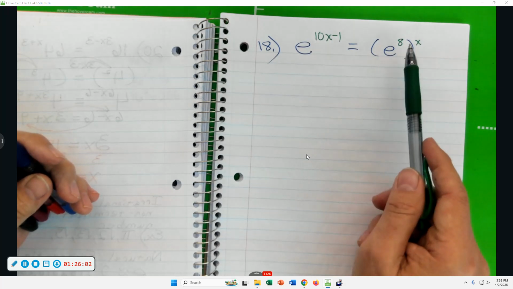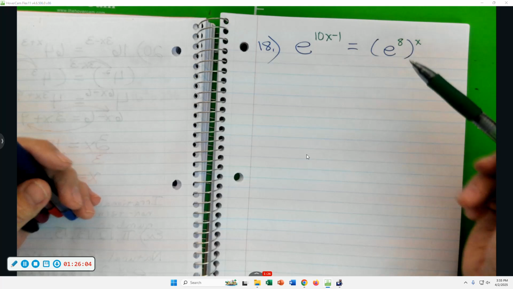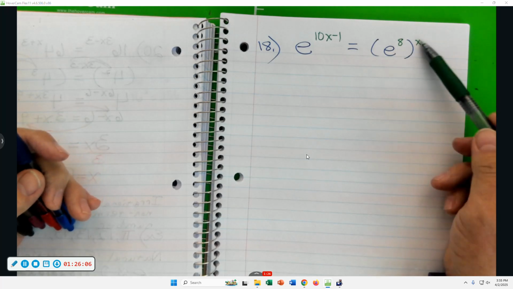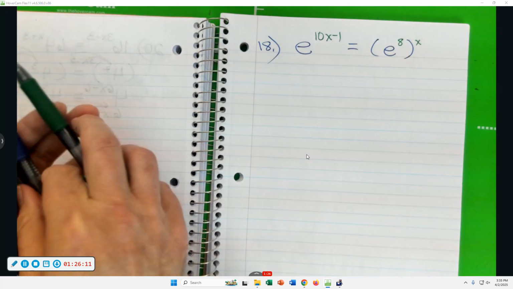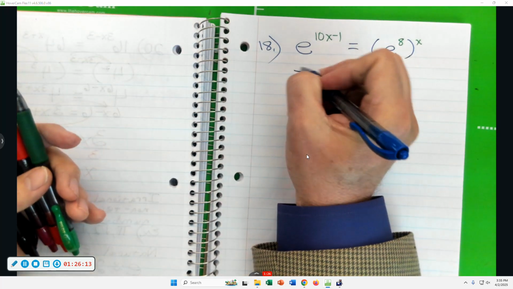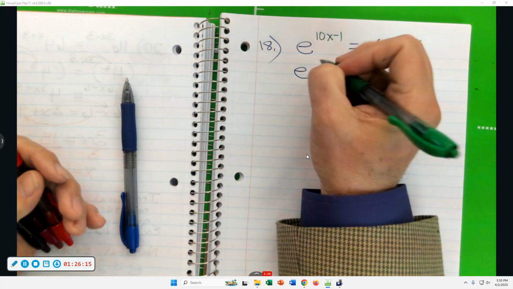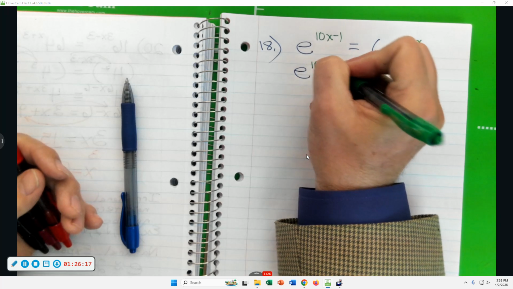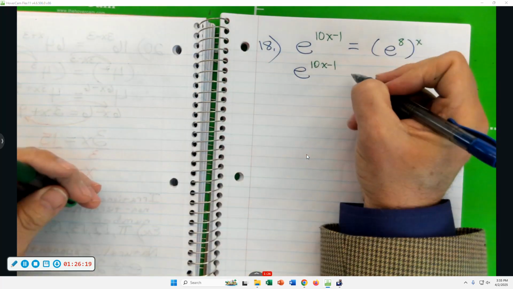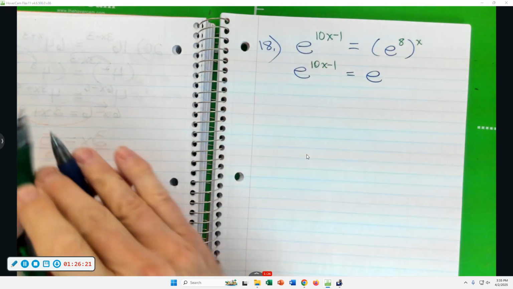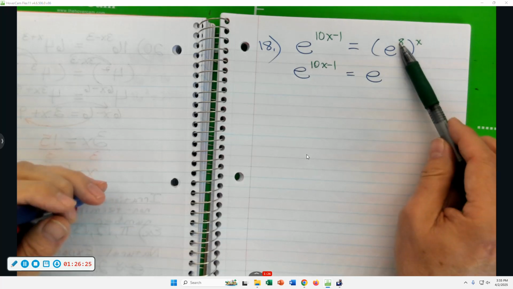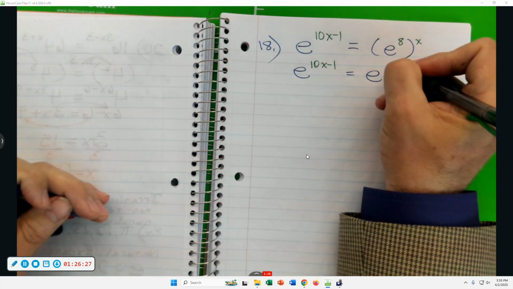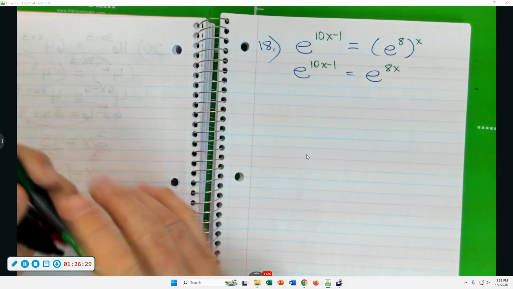The only problem is we have parentheses. We know what to do when we have a power raised to a power. In algebra, to get rid of parentheses, you usually do what? Starts with M. A power raised to a power, you multiply the powers. 8 times x is 8x.